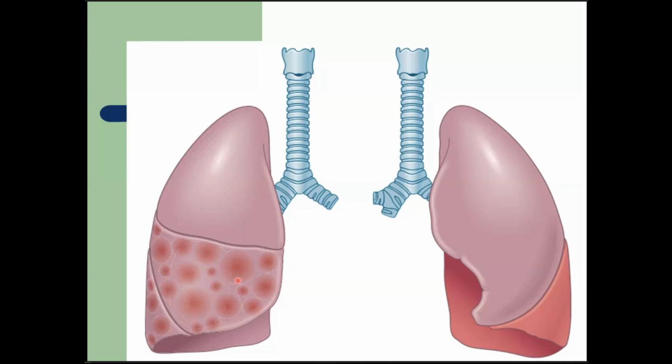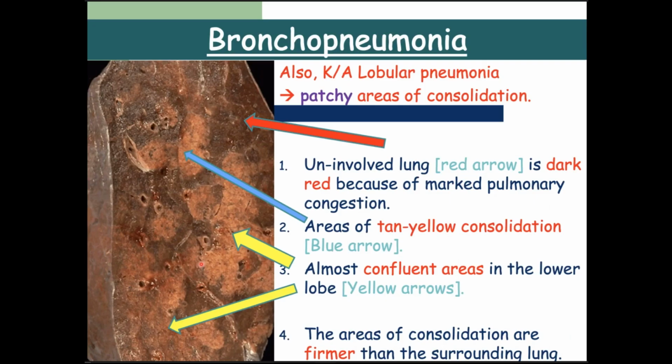So this is the difference between bronchopneumonia and lobar pneumonia. Bronchopneumonia is also called lobular pneumonia because it only affects the lobules in the beginning. So this is the gross diagram, specimen of bronchopneumonia, also known as lobular pneumonia, in which there's patchy consolidation.